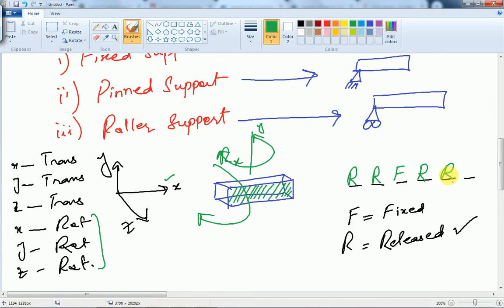And if the body cannot rotate about the z-axis, then we can write it as fixed in rotation about the z-axis. So these 6-digit codes are completed. Now we can use this on our three kinds of support.